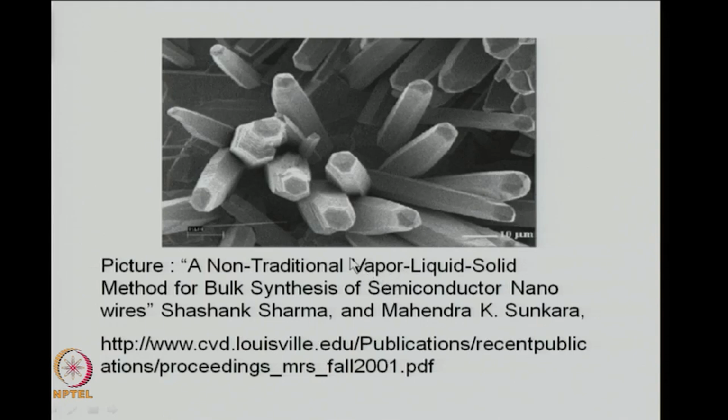A large number of possibilities exist to control the morphology of these nanostructures. You can change the diameter from 10 nanometers to several hundreds of nanometers, and the length from a few hundred nanometers to a few microns, easily using the vapor liquid solid method.